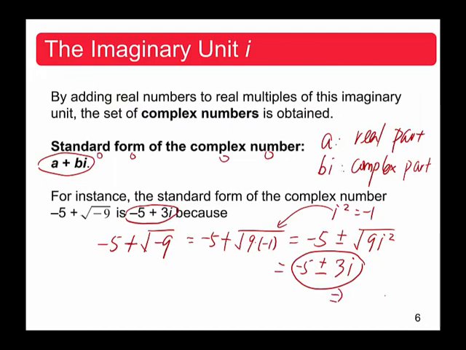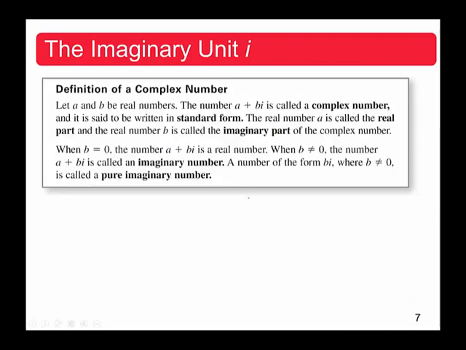This is called a complex solution. Complex numbers, a pair of complex numbers. So this is very important term right here. i squared equals negative 1. Now it helps you simplify a lot of expressions in a complex form.